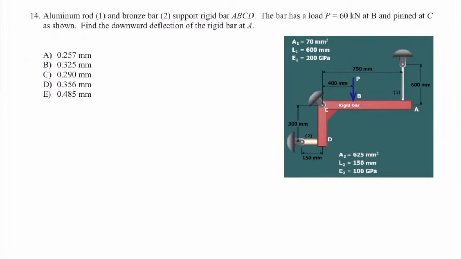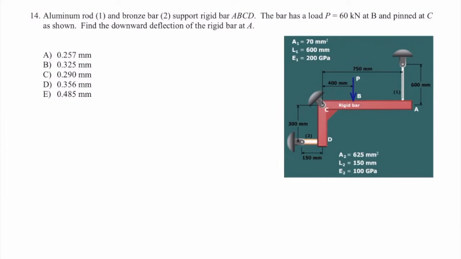This is also a difficult problem because it requires several steps. Aluminum rod 1 and bronze bar 2 support rigid bar ABCD. The bar has a load P equal to 60 kilonewton at B and pinned at C, as shown in the figure. Find the downward deflection of rigid bar at A. Here, the problem is in determining because we have 4 unknowns and 3 equations.